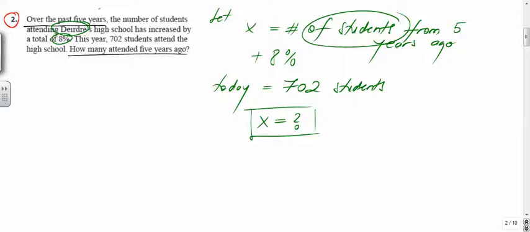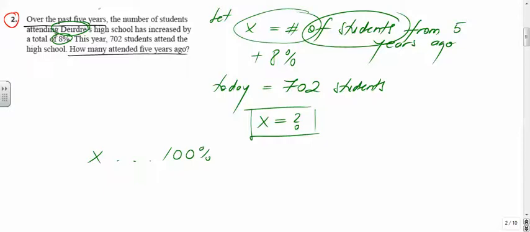Now, if we start with 5 years ago, well, 5 years ago, the number of students in attendance was representing 100%. Okay? That's the initial number. We're going to consider that 100%.